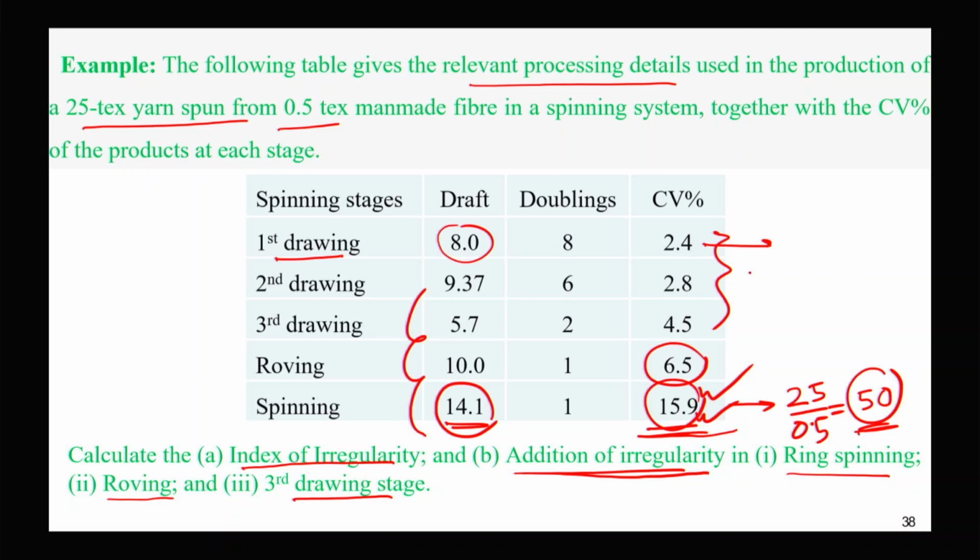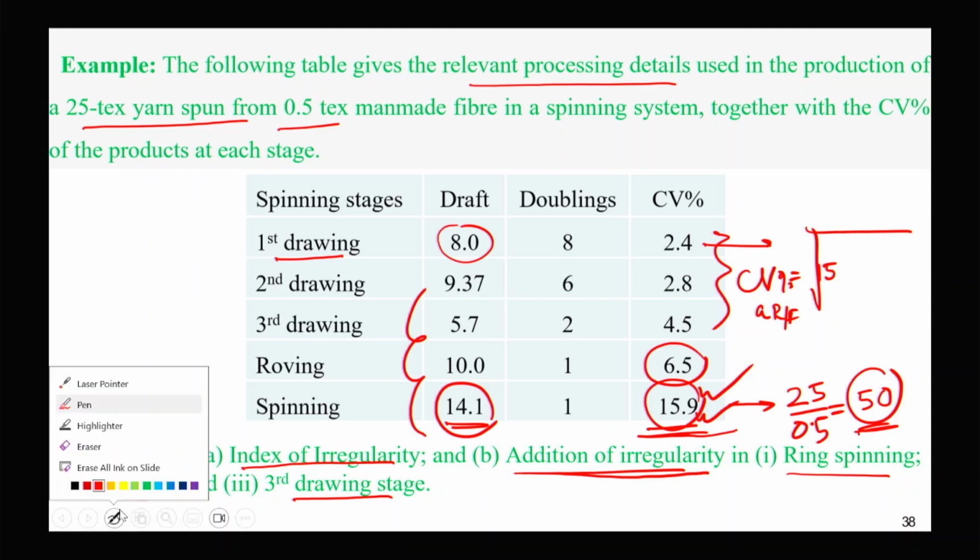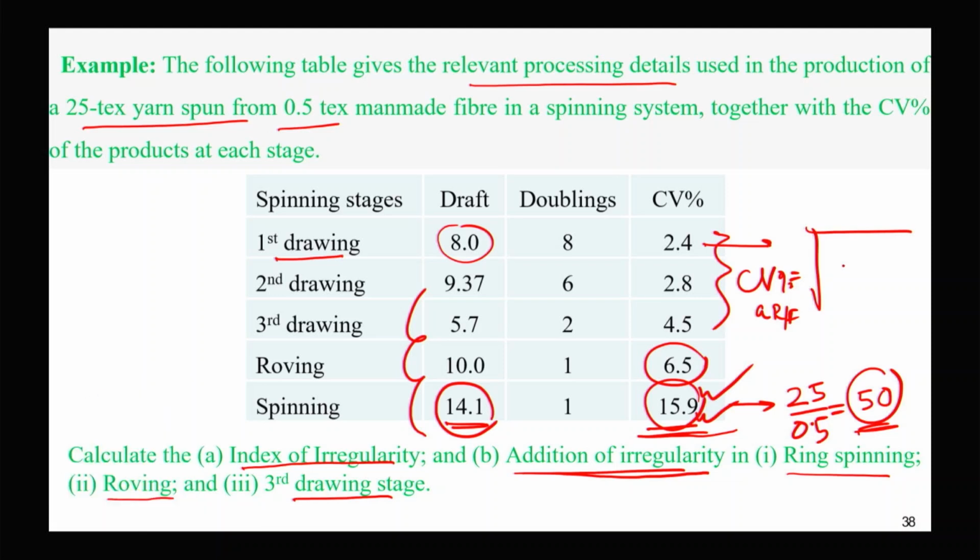So CV percent added in ring frame will be under root of square of CV percentage of yarn, that is 15.9, minus square of CV percentage of roving.